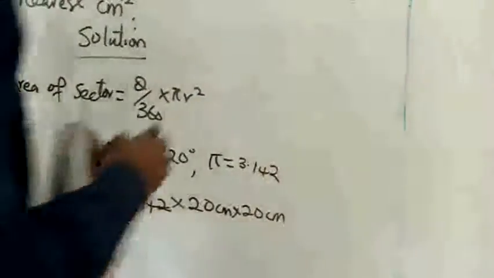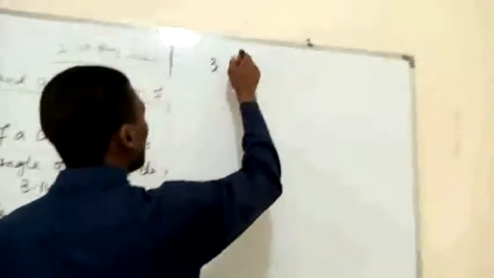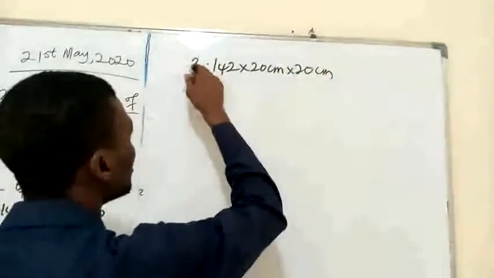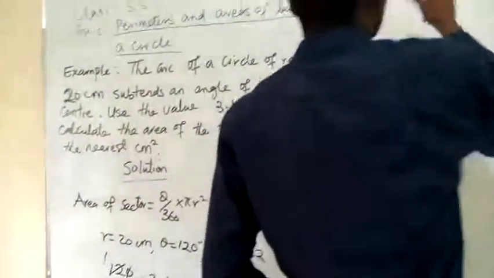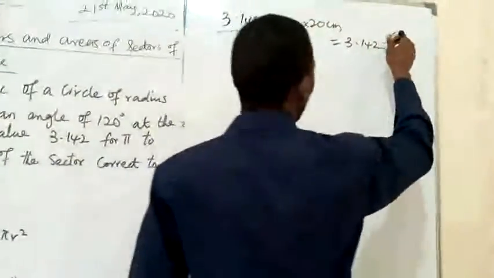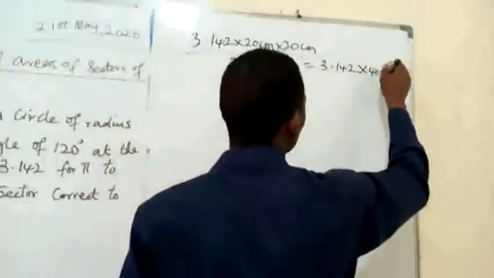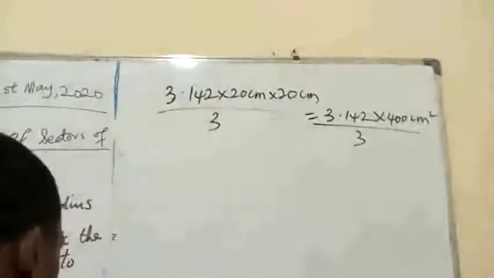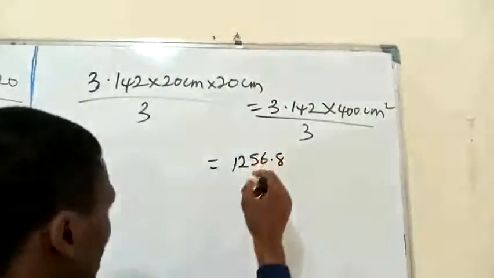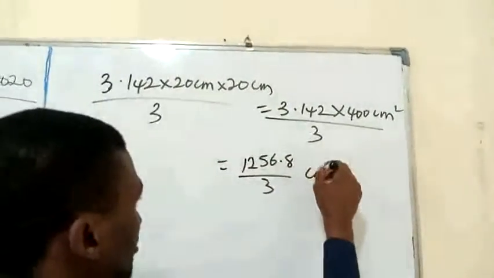So we have 3.142 times 20 cm times 20 cm all over 3. 20 times 20 gives us 400, so 3.142 times 400 cm square all over 3. If we multiply that, we get 1256.8 all over 3 cm square.